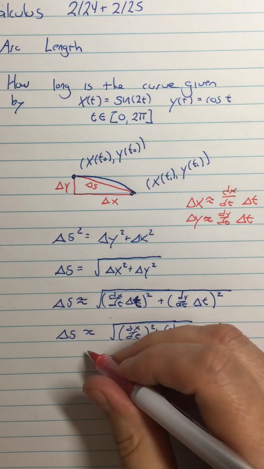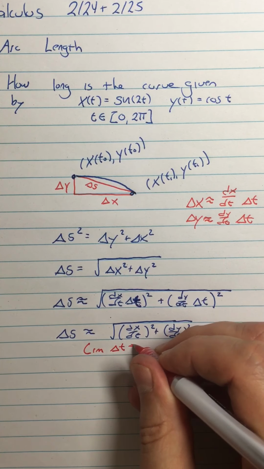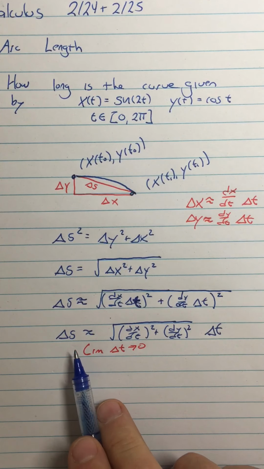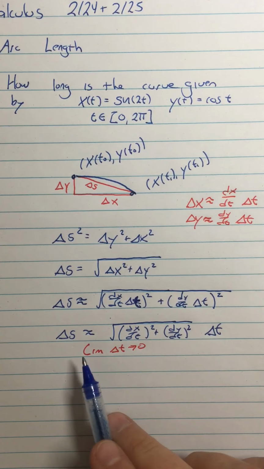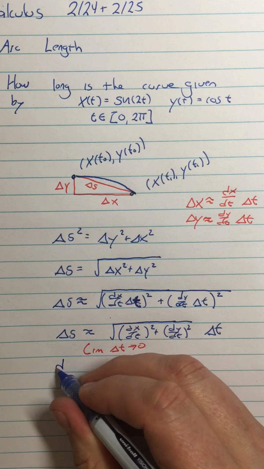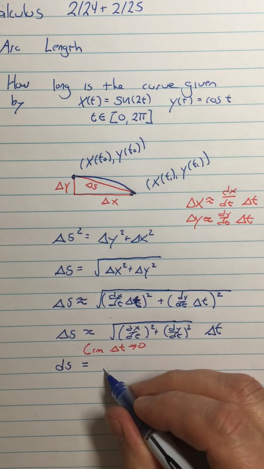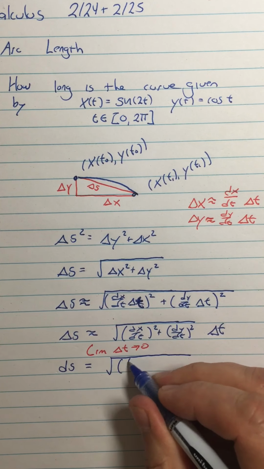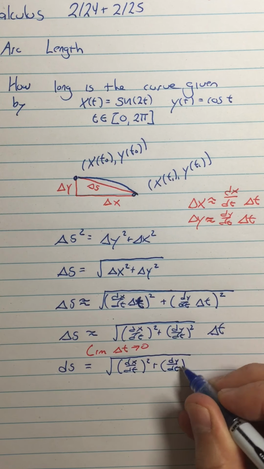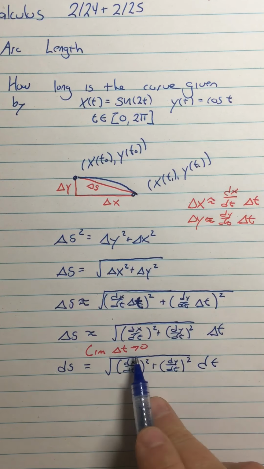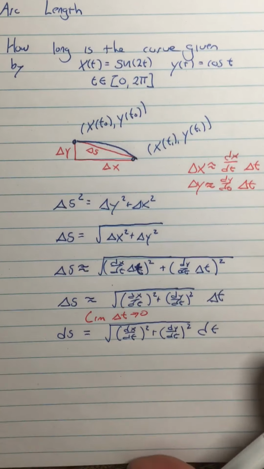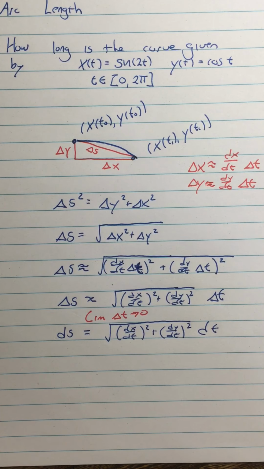But when I take the limit as delta t approaches 0, you can go down the rabbit hole of exactly how what I'm about to write works. It essentially comes from the sandwich theorem, but we can write it like this now. ds is equal to the square root of dx dt squared plus dy dt squared, dt. What we mean by the limit as delta t approaches 0 is that we're really saying ds dt equals this. And that's a rigorous equal. It's no longer an approximation.